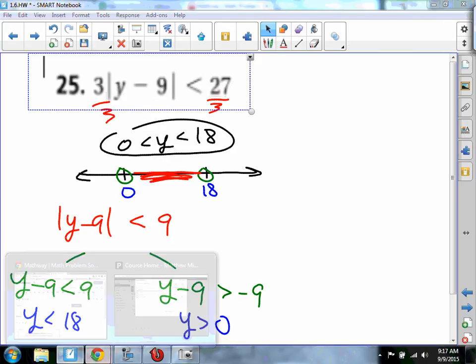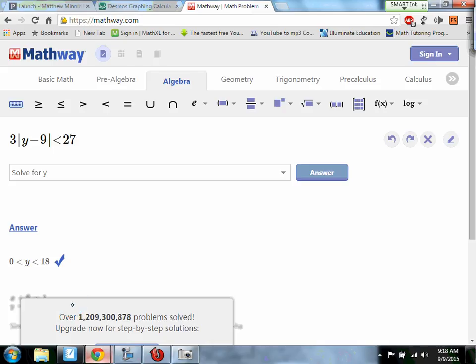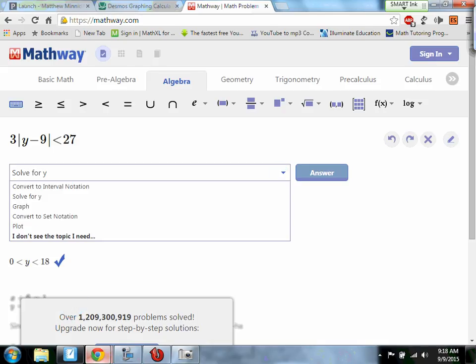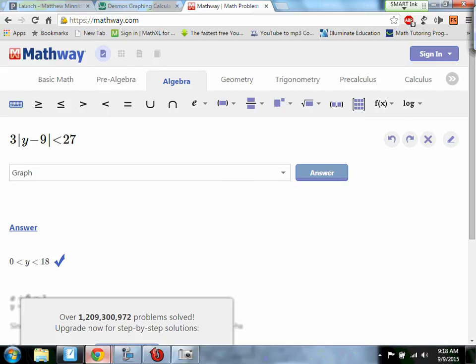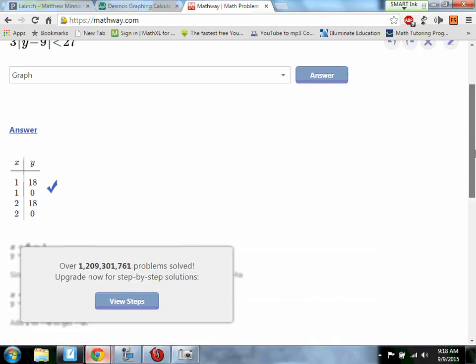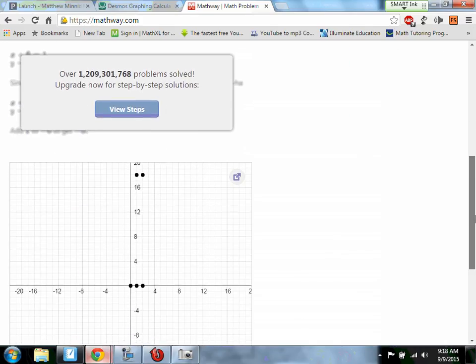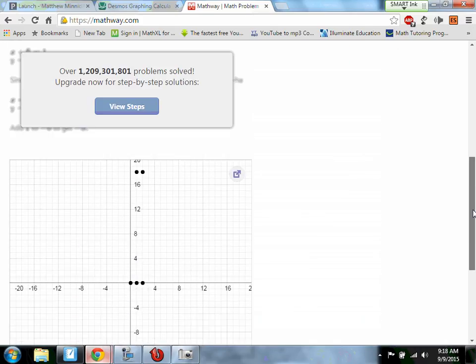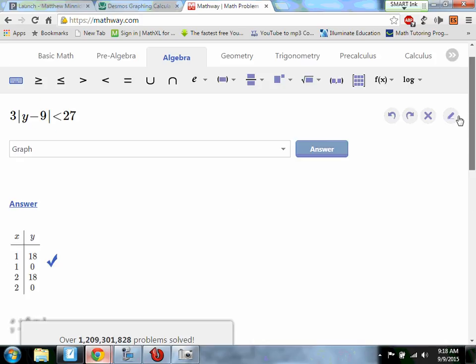And then let's see if Mathway can graph this for us. Mathway, can you graph this for us? Well, it gave us a table, and I don't think that's going to get that done.